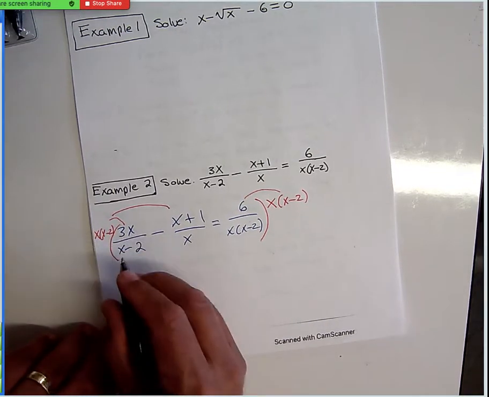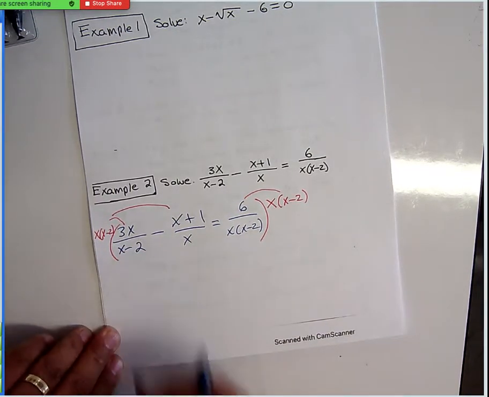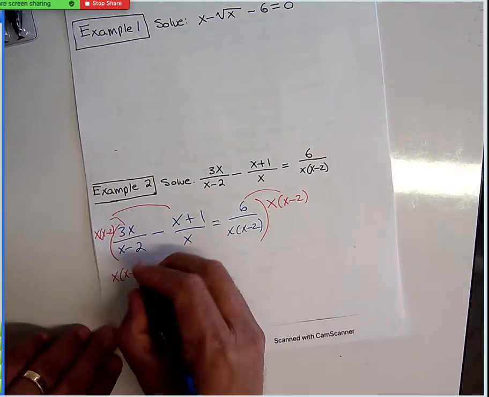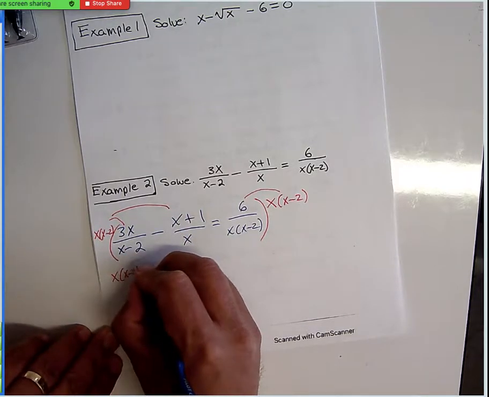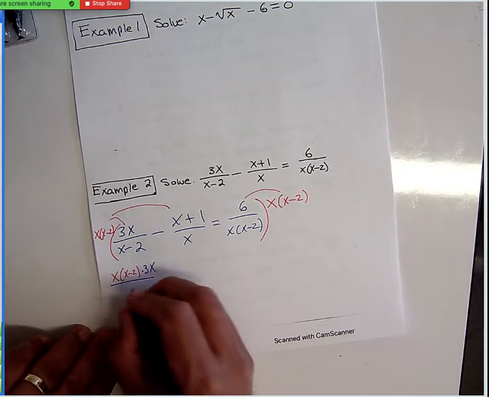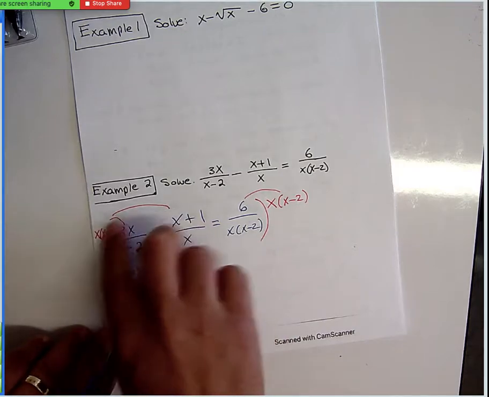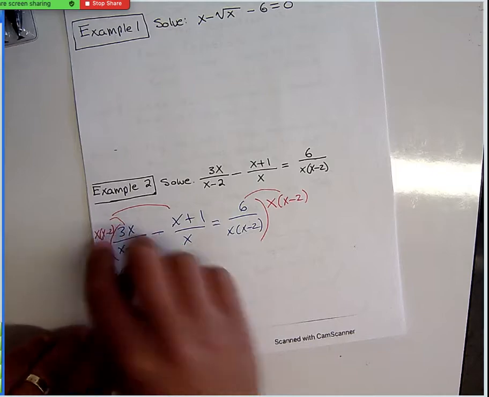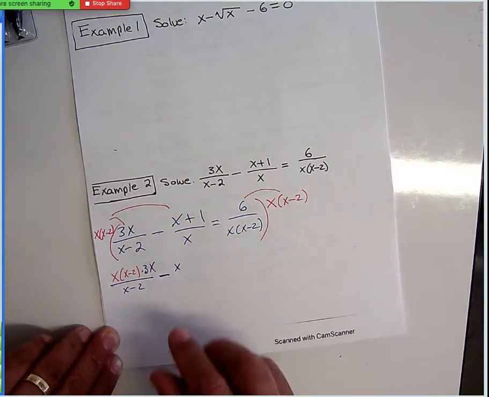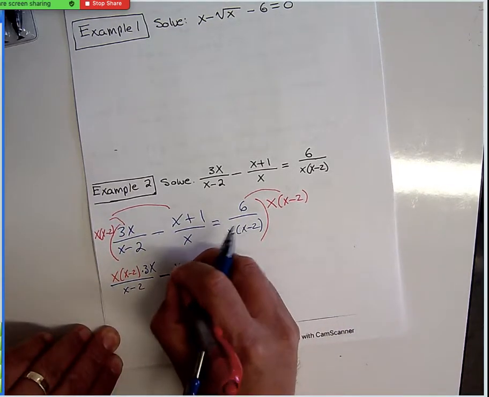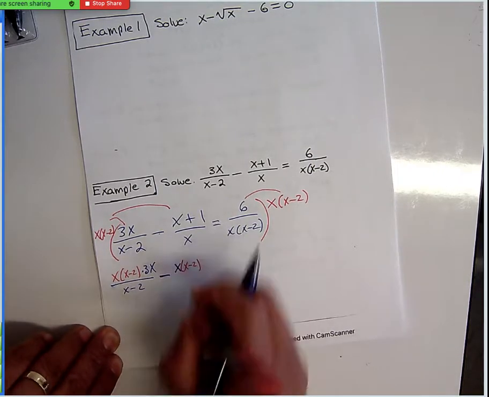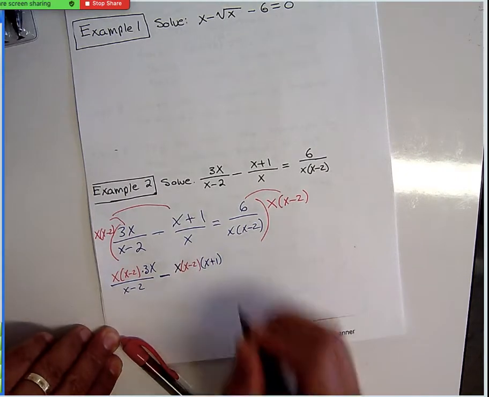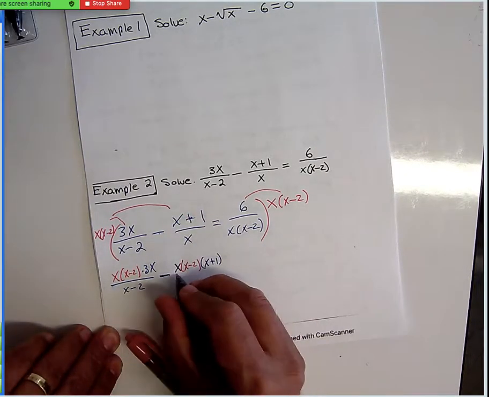For this part, we're gonna have x minus 2 times the 3x over x minus 2. This is this term, this whole thing. And then minus this thing, x minus 2 times this. You put it in parentheses: x plus 1, which is that, over x.